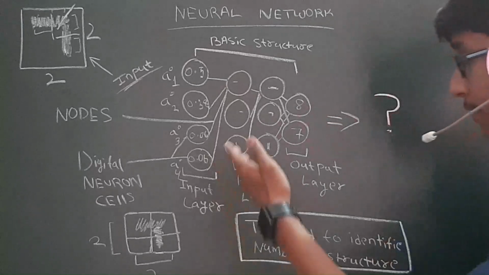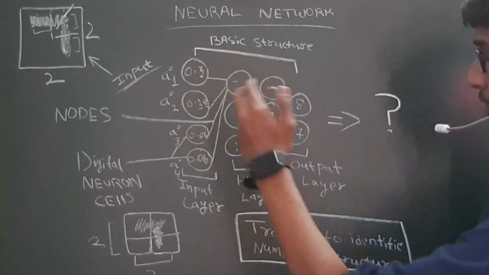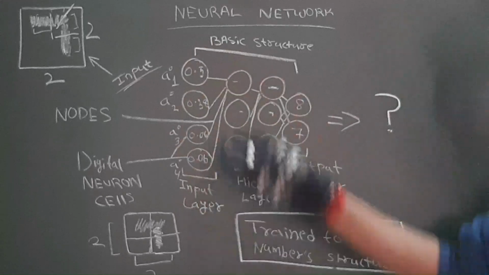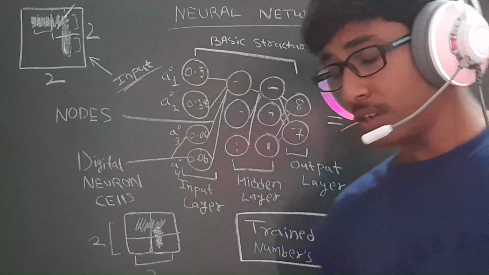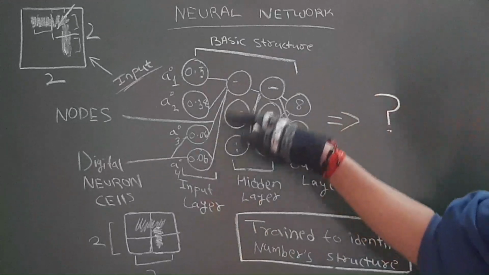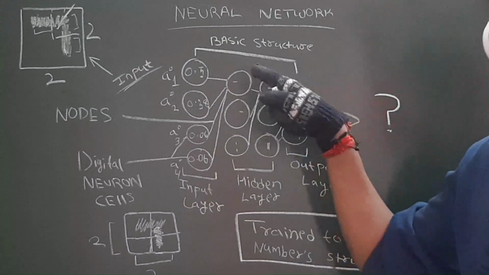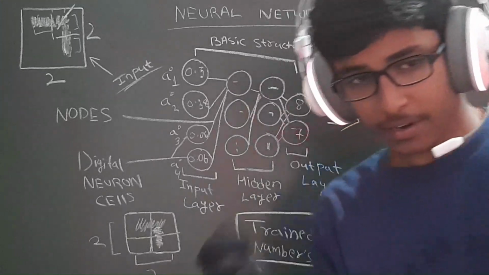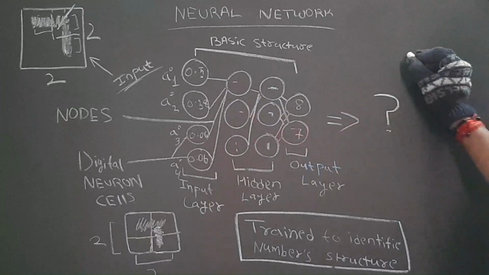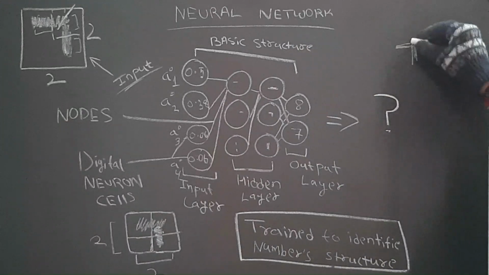Now if you see, all these digital neuron input cells are connected with the single hidden layer cell. Why is it so? Because every data needs to be compared with the edge information of the first cell. So what is going to happen here? Let me explain: every data collectively forms this kind of structure.